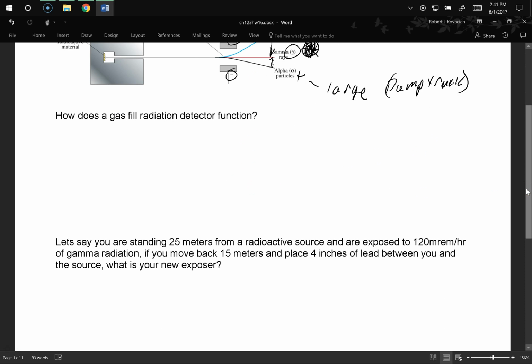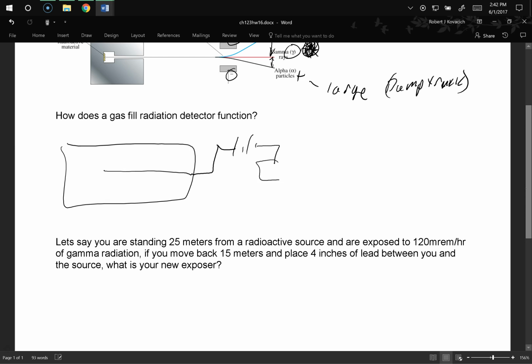Gas field radiation detector. I would draw a little thing, I put this in here, put like a battery, and I put a counter. And I go over here and attach it, and then this thing is filled with argon. Some radiation comes in, smacks an electron off of here.